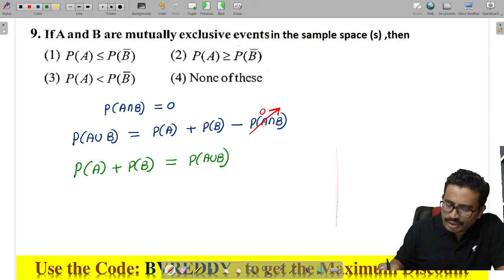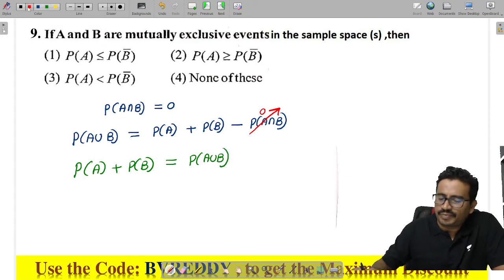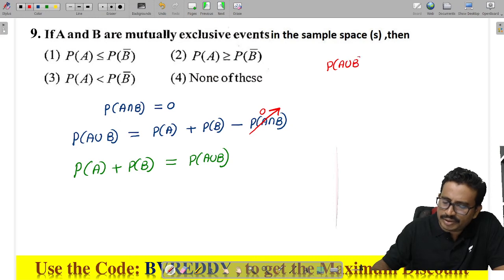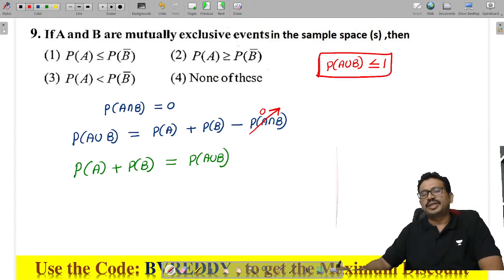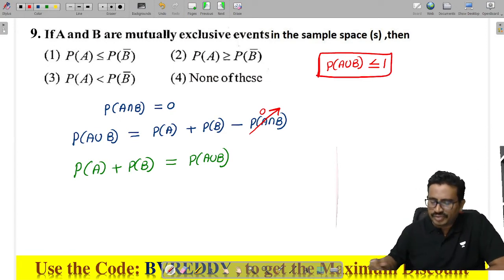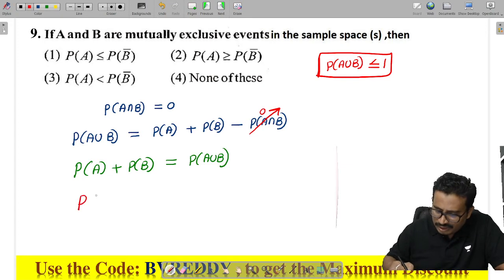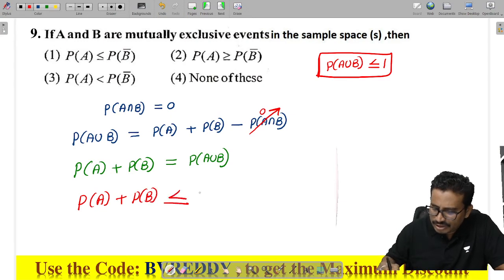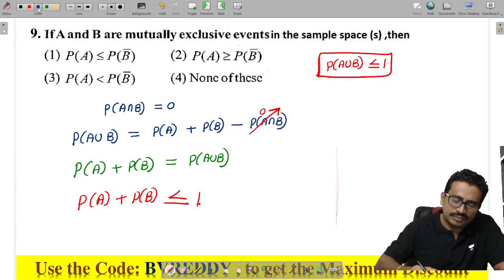As we know, the maximum value of the probability of any event is always less than or equal to 1. The probability can be less than or equal to 1. So I can say here P of A plus P of B is also less than or equal to 1.